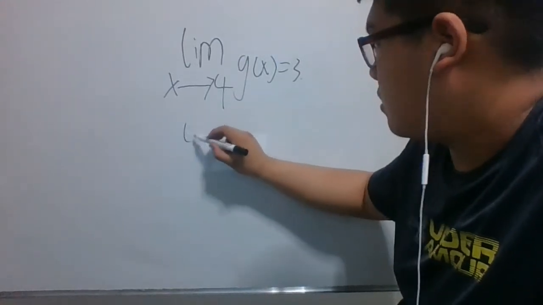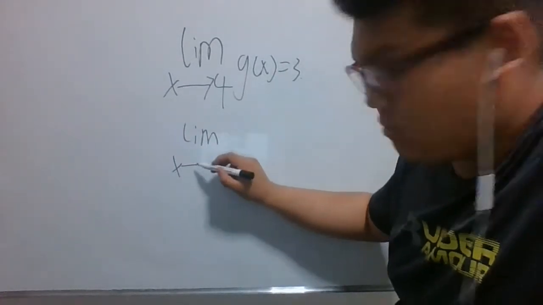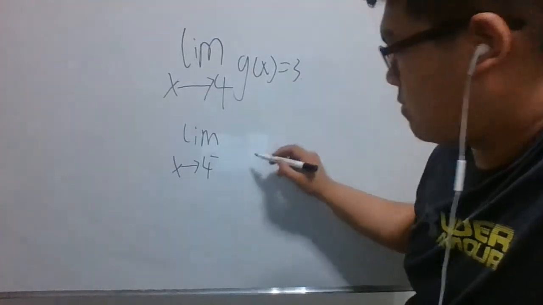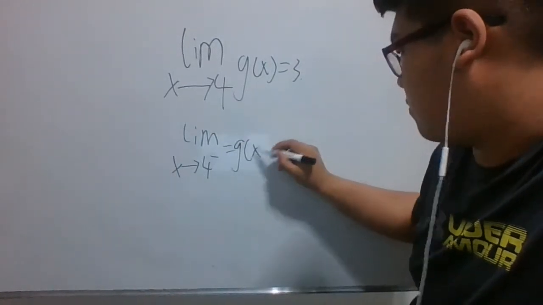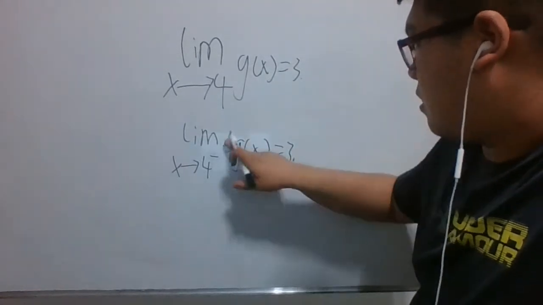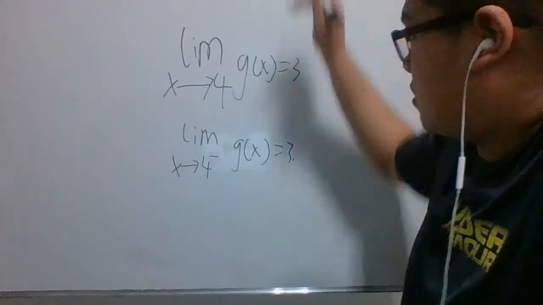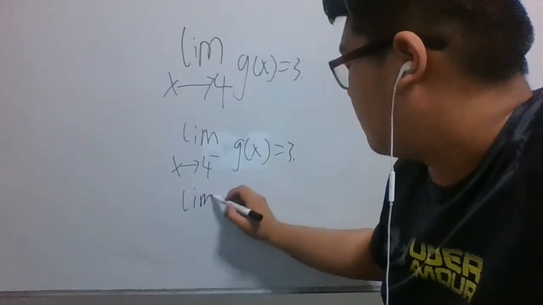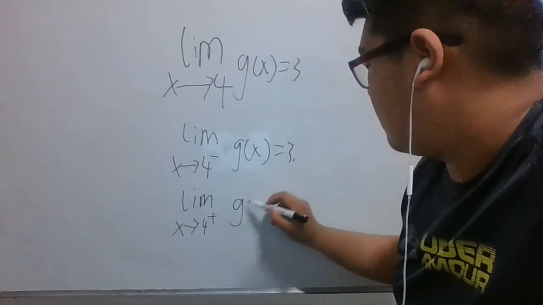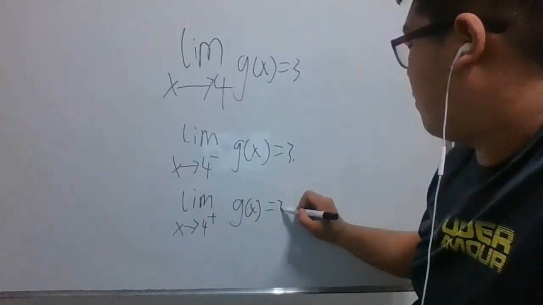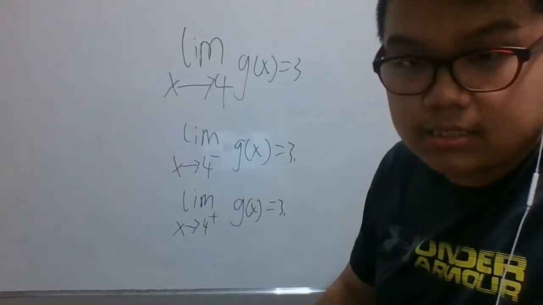So here it is. g(x) equals 3. And now x approaches 4 from the right. So here it is. Both of them approach and equal 3 at last.